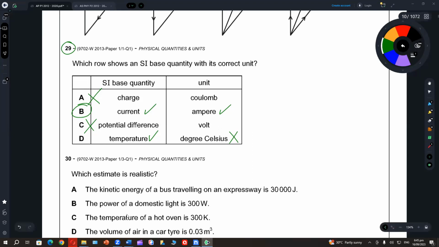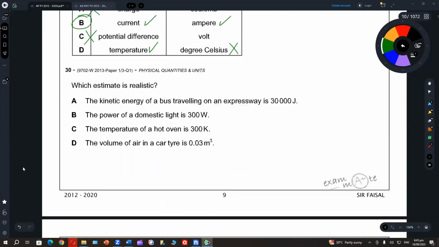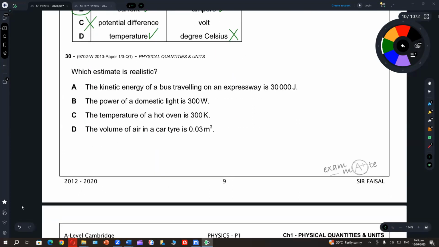Then question number 30, I'm not doing 30 right now because estimation is not my concern. But I always tell my students that you have to be ready for strange questions. Like you can see the options here: the kinetic energy of a bus traveling on an expressway, the power of a domestic light, the temperature of a hot oven.